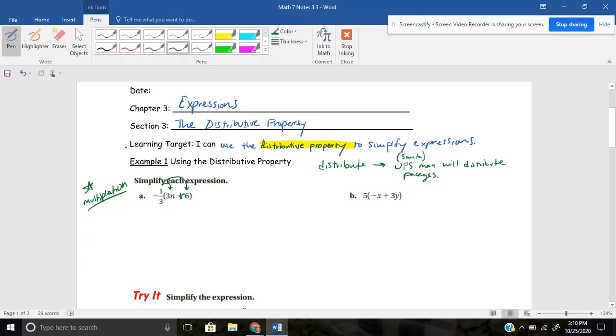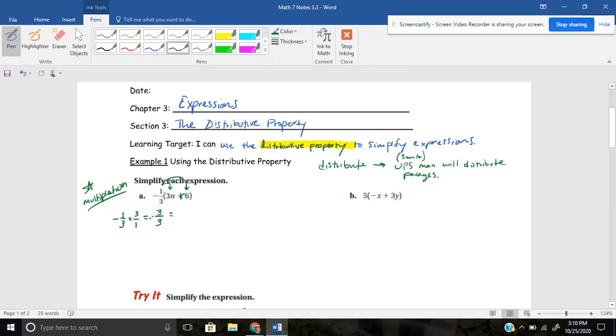Let's take negative 1/3 and multiply that by 3n. Negative 1/3 times 3. And 3 as a fraction, remember, is 3 over 1. Well, if I multiply across, 1 times 3 is 3, and 3 times 1 is also 3. Okay, and then I've got a negative times a positive. When I have different signs and I'm multiplying, that gives me a negative answer.